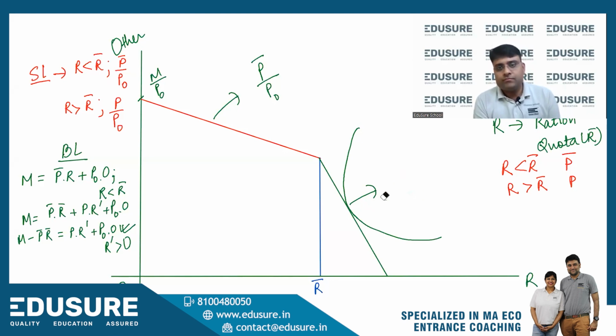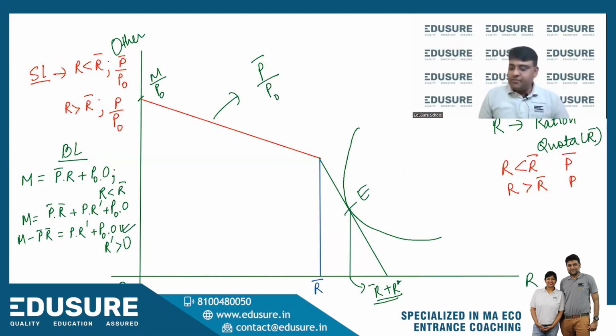This is my equilibrium point, and his consumption amount is basically R bar plus some R star. Am I understandable? If I am, then please raise your hand. This is the first part of the problem.